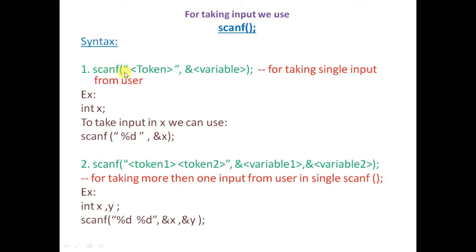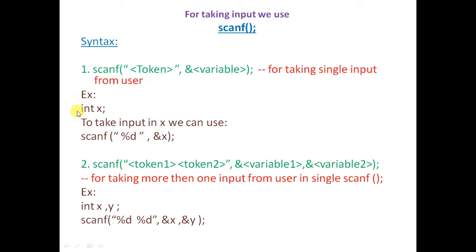The syntax here is this: we use the scanf keyword, then the function parentheses, and after that we assign the token first. Then we use the ampersand operator, and with that we assign the variable which we have declared above. You can see it from the example here.